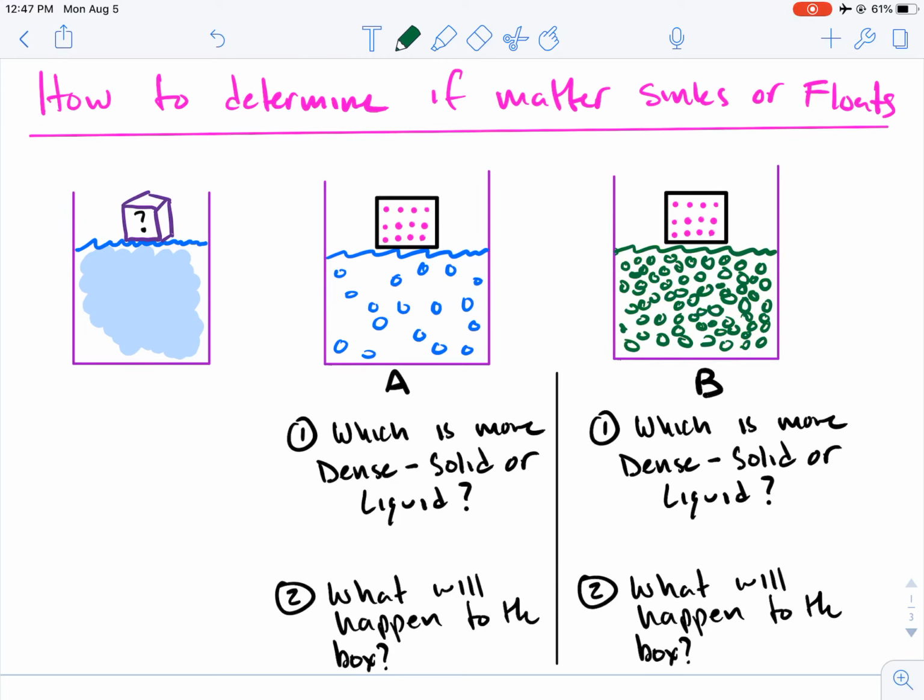And hopefully you took a look and you saw that the cube has more particles in a smaller space, therefore the cube is going to be more dense. So the solid is going to be more dense. And so what's going to happen to that box? If it's more dense, it is going to sink right down to the bottom.